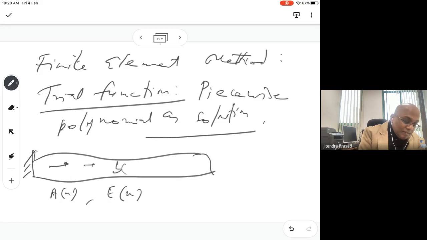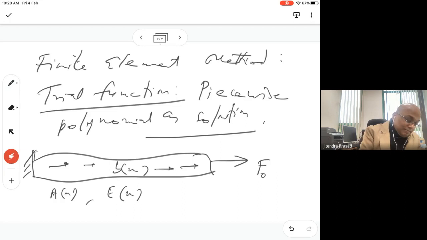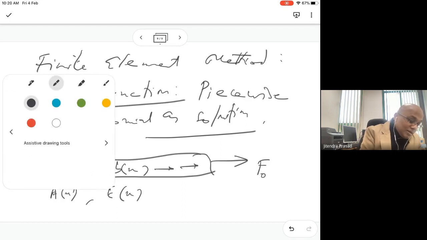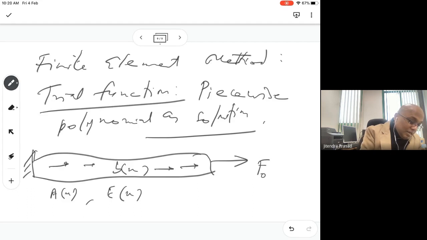There may be a body force, as we know, and then there may be a boundary force as well, or traction we call it.